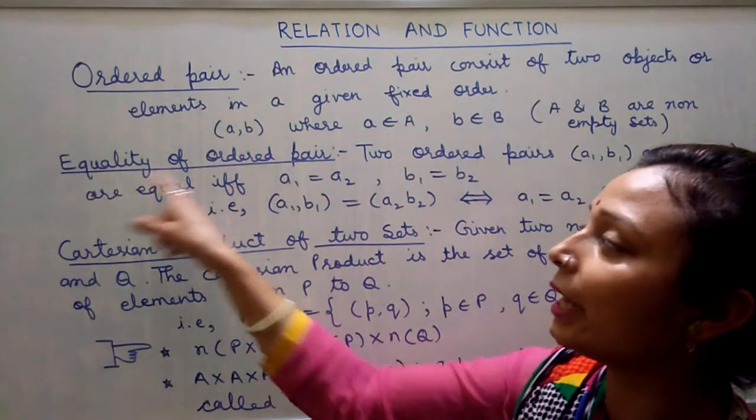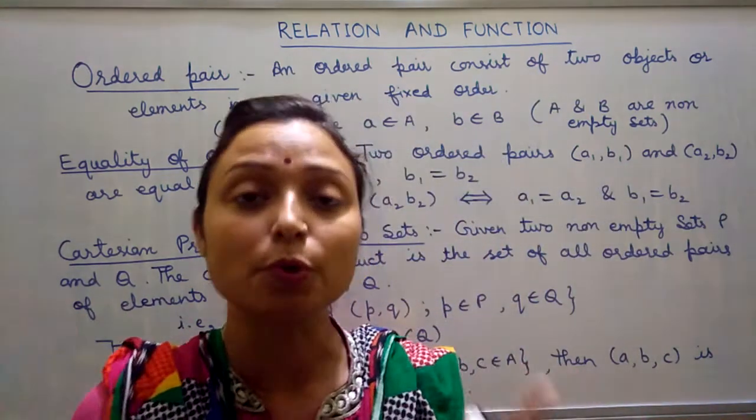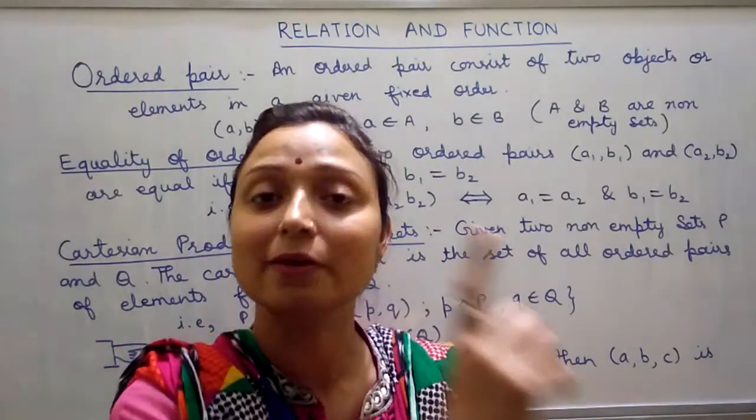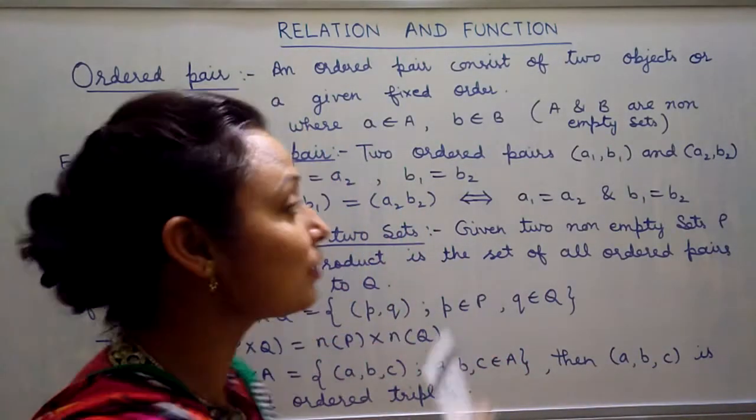Now come to the equality of ordered pairs. What is the equality? Two ordered pairs are equal only when the first element equals the first and the second equals the second. Okay, so let's do the definition.